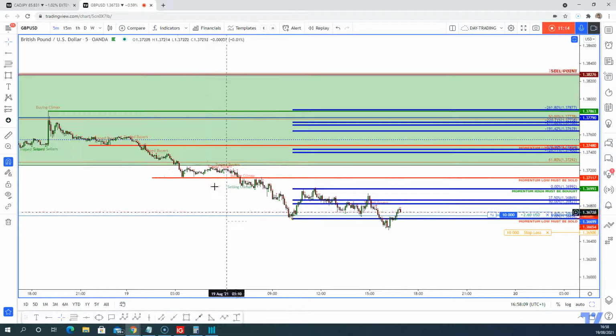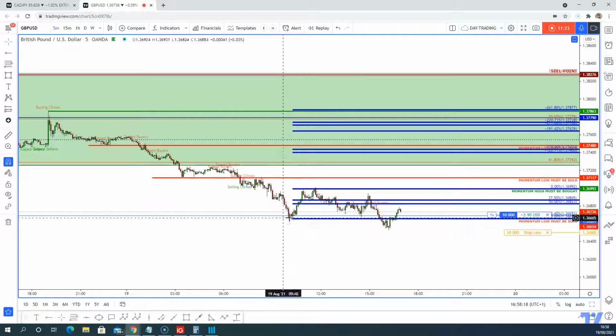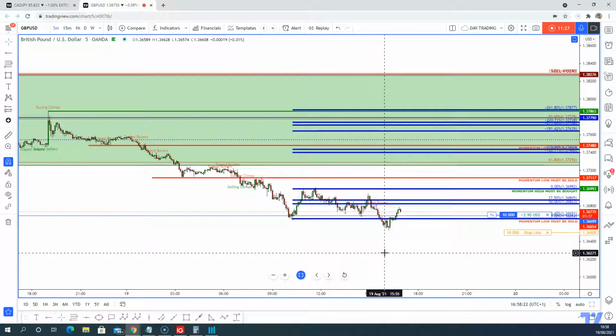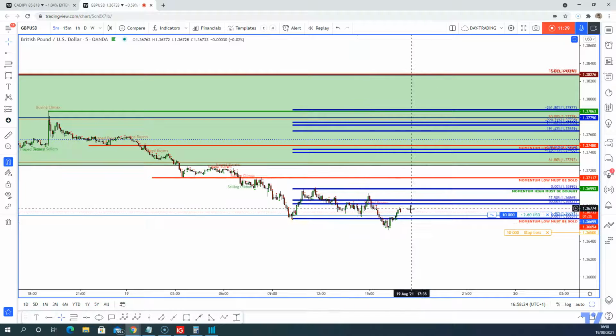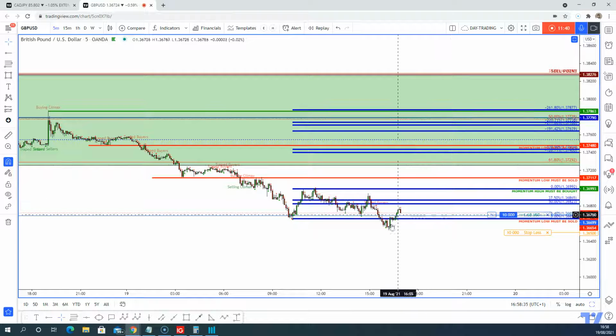People that were holding for 50% have been knocked out. 61.8 has been knocked out. 76.4, they've been knocked out once and twice. So this zone is very important. And if price starts making new fresh highs above these lower highs, then that is your trade. Then we can be patient and just trail our stop loss along the price.